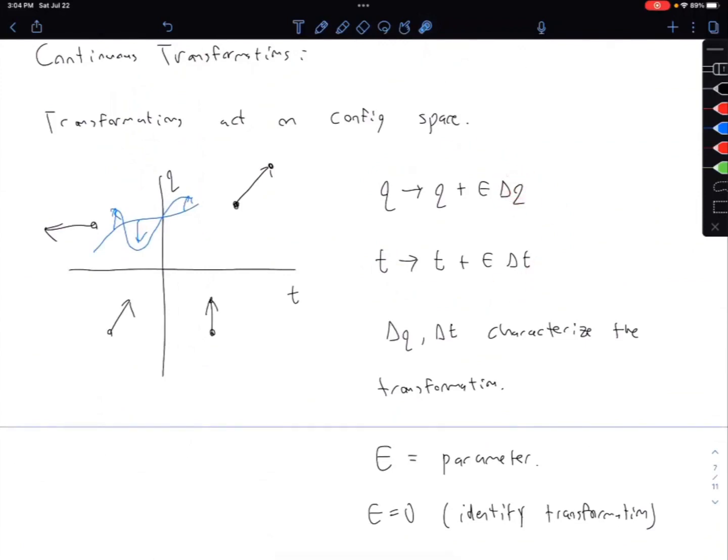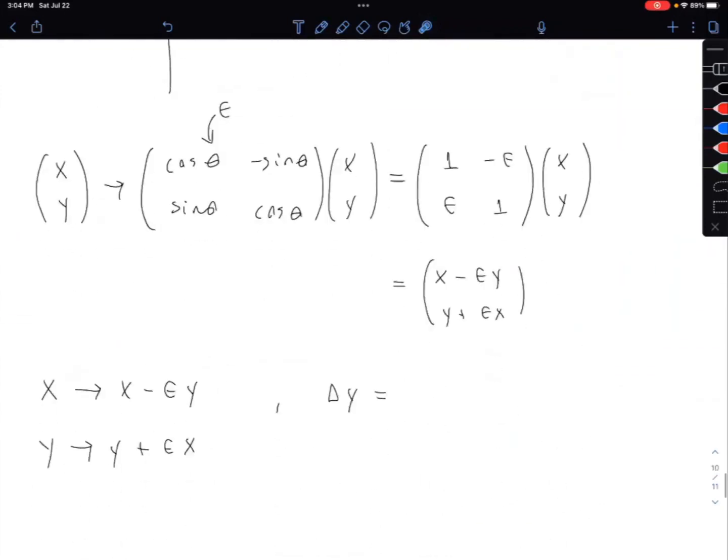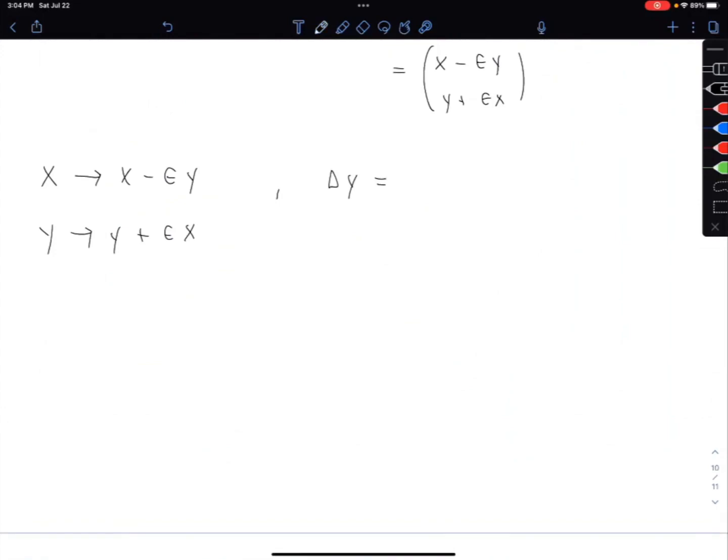So delta x is going to be minus y, and delta y is going to be x. So these characterize the transformation, and epsilon is the small angle, which is the parameter.